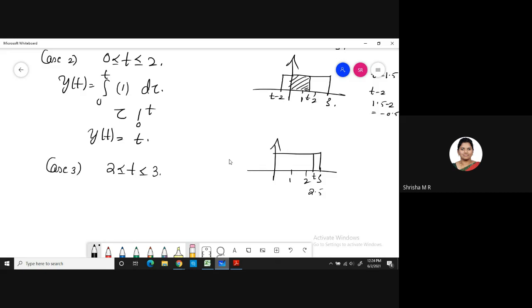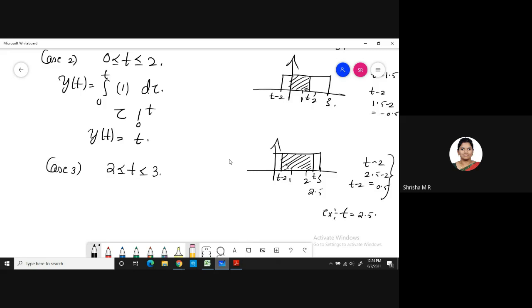So what would be t minus 2? t minus 2 would be 2.5 minus 2, so t minus 2 will be at 0.5. Right? It will be here. Correct? So what is the overlapping space? 0.5 to t. No, 0.5 is just an example. So t equal to 2.5 is just an example I took.